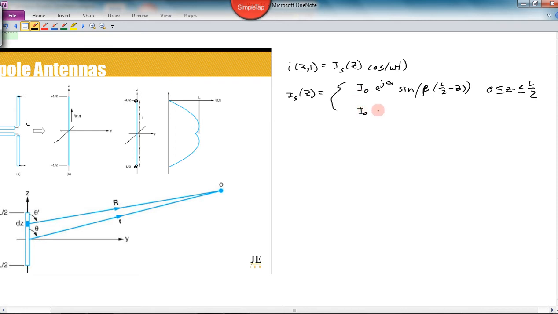Or Is of z is equal to I0 e to the j alpha sine of beta times L over 2 plus z, for minus L over 2 less than or equal to z less than or equal to 0.